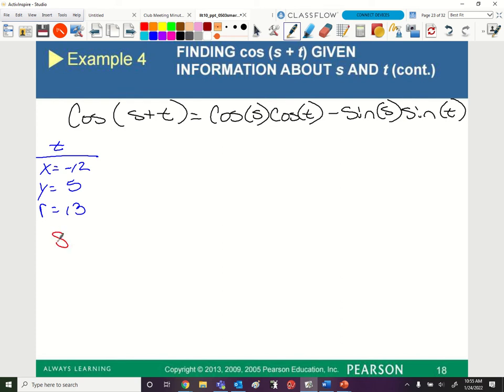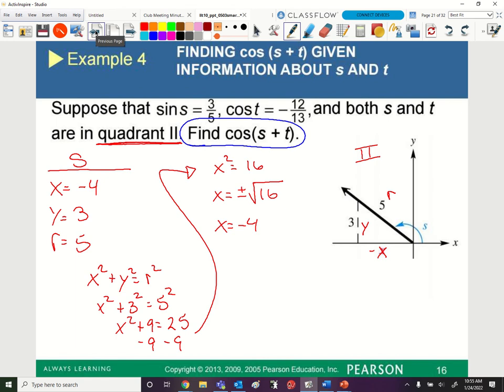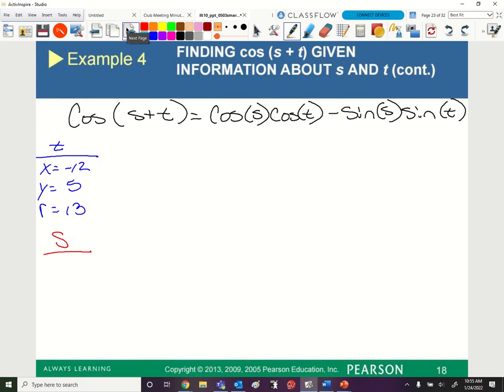Now for s, it was negative 4, 3, and 5. Just like that.